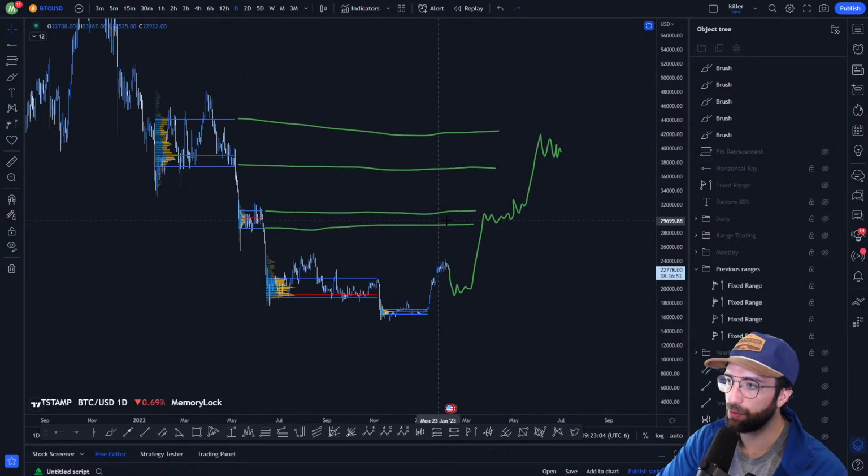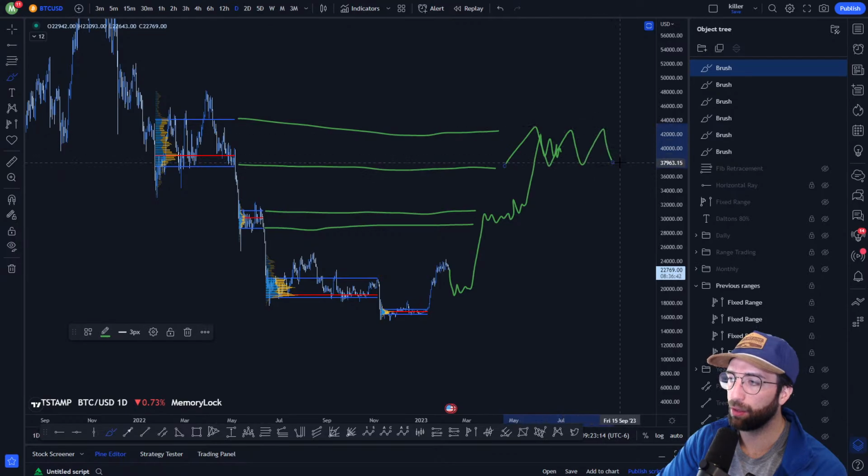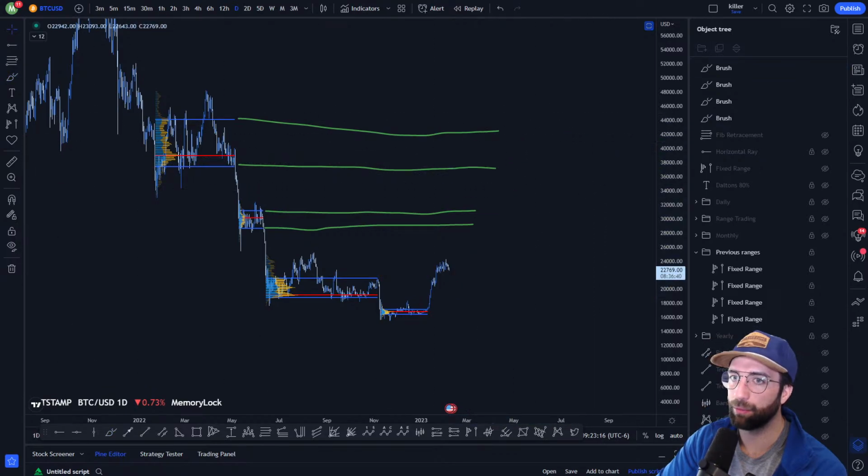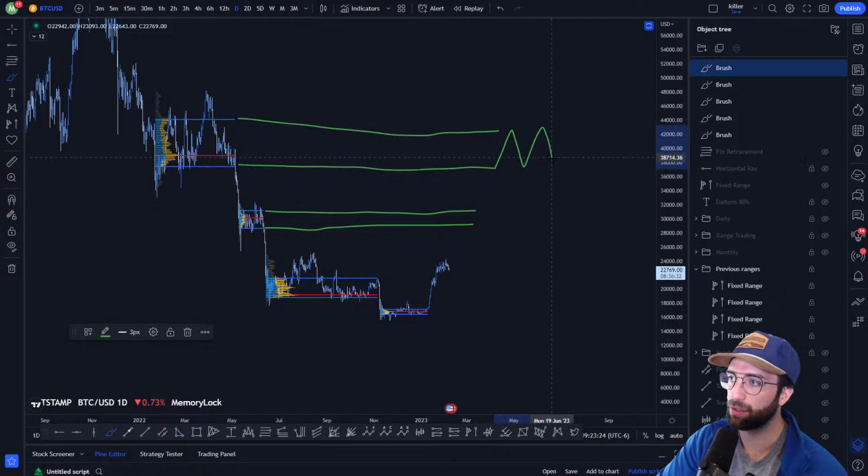So you can use this as a way to say this zone is a zone of resistance, and when price reaches this zone, we can expect to trade back in this zone like we did before, right? So it's range trading. So what do we expect when price re-enters a range and flips the bottom of the range to support? Well, we would expect it to simply rotate the range.